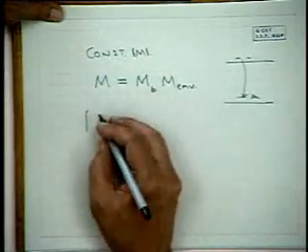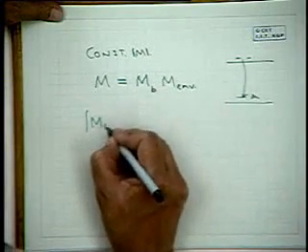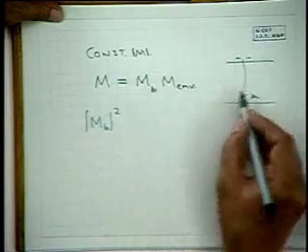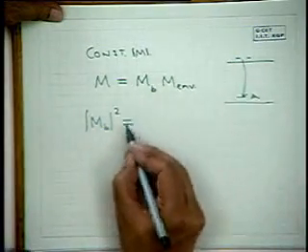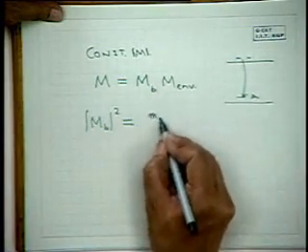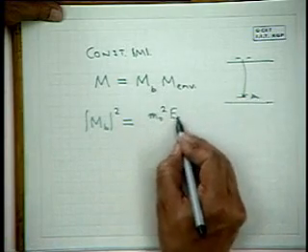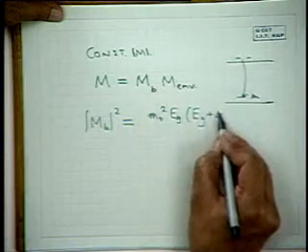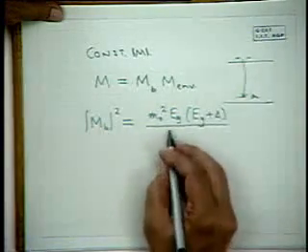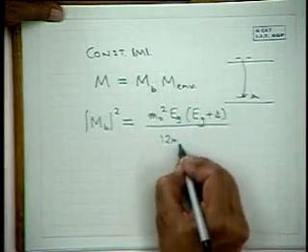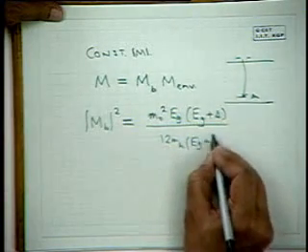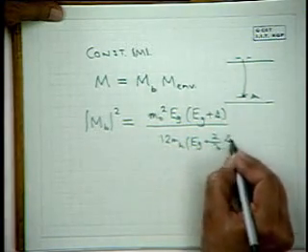I am just giving the outline, but obviously the Bloch states for these impurities, Mb squared, could be written as M0 squared Eg plus delta over 12 mH, Eg plus 2/3 delta.